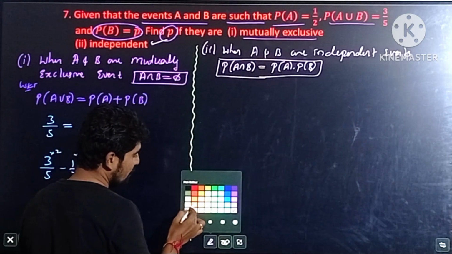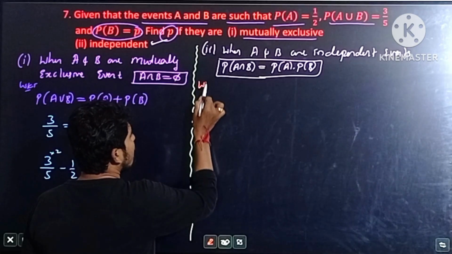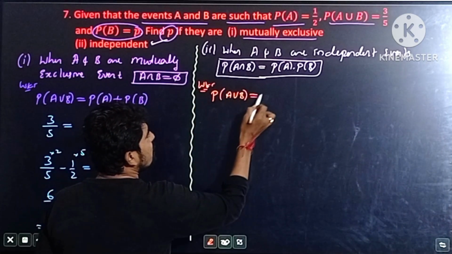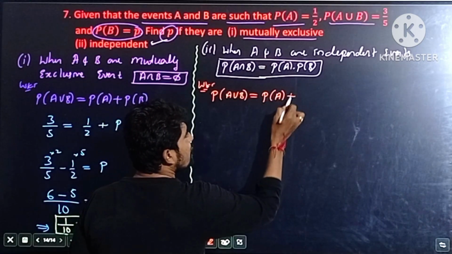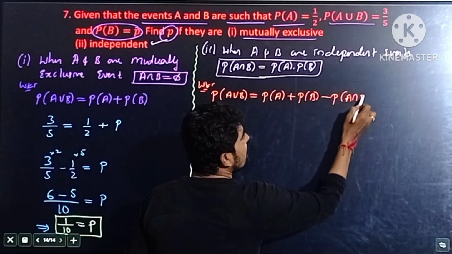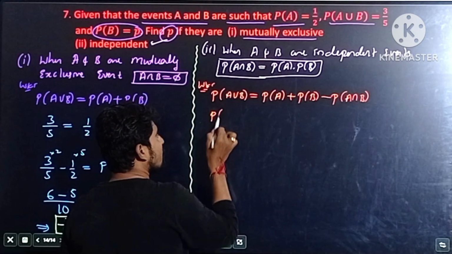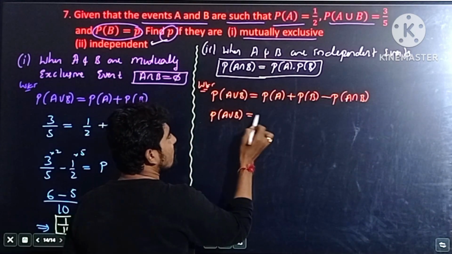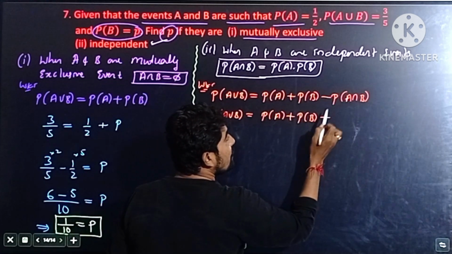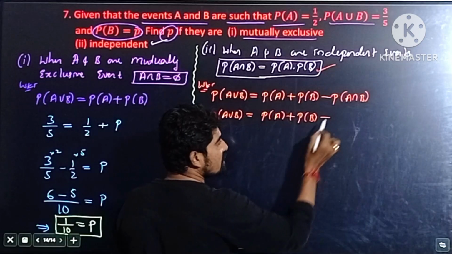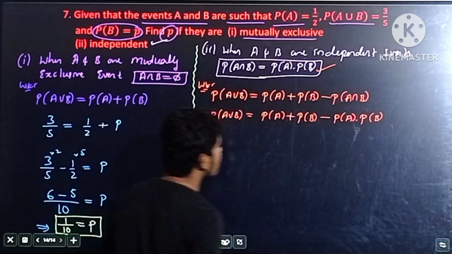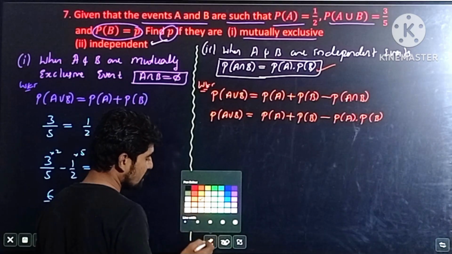Now to identify the value of P, first we know the formula: probability of A union B is equal to probability of A plus probability of B minus probability of A intersection B. Therefore, probability of A intersection B is probability of A into probability of B. Now just substitute the given values here.